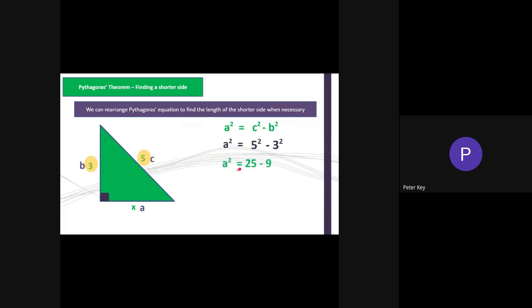So I've got a squared equals 25 take away 9. So 25 take away 9 is 16. Remember, it's still squared. So what I need to do is I need to square root it. So I square root 16, which gives me 4, because 4 times 4 is 16.